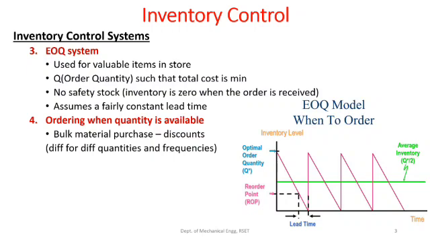So it accounts for no safety stock, and this system assumes a fairly constant lead time. The reorder point is determined by the lead time, assuming that the demand during the lead time is constant.